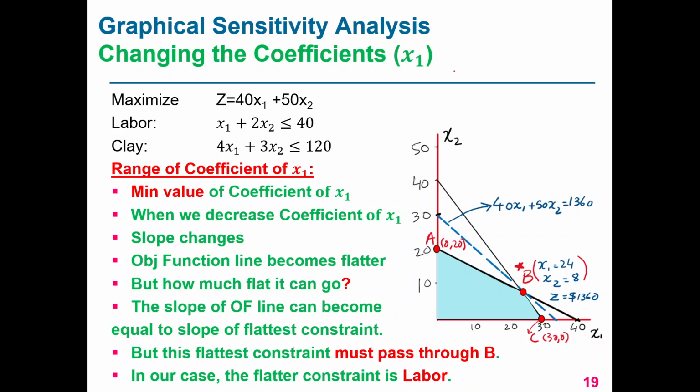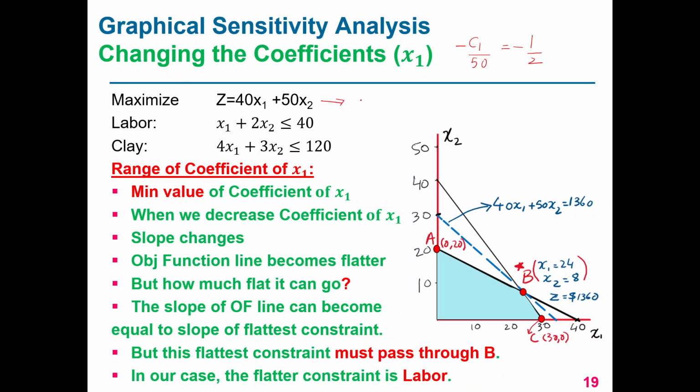So now we will do an analysis similar to the one that we did in our previous slide. c1 is the range of the coefficient of x1. 50 is the coefficient of x2. We are not changing it, so we have kept it constant. Now we will put the slope equal to the slope of the flatter constraint, that is minus 1 by 2.